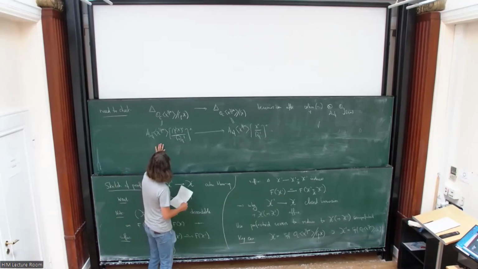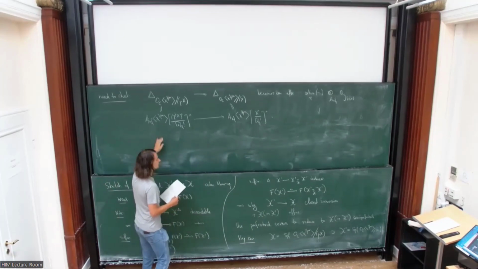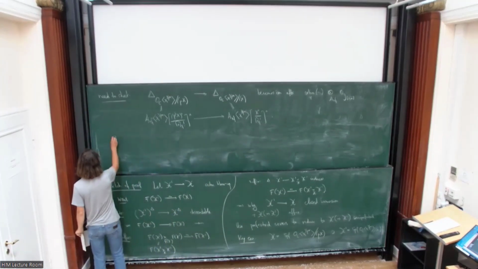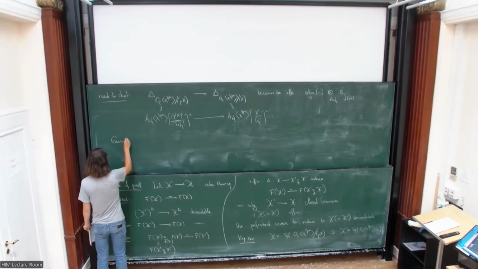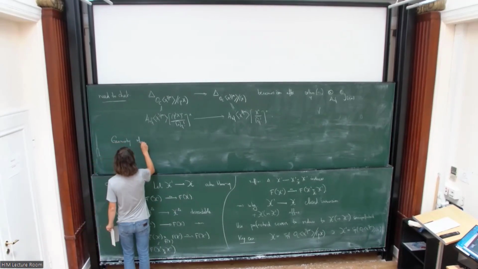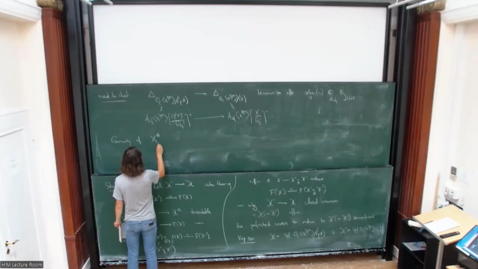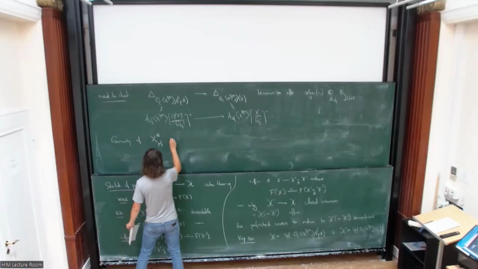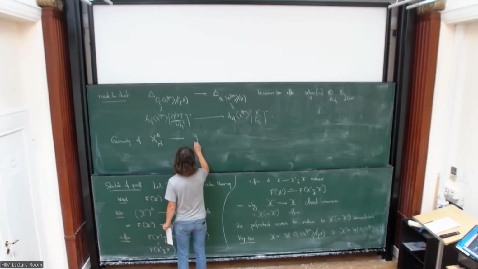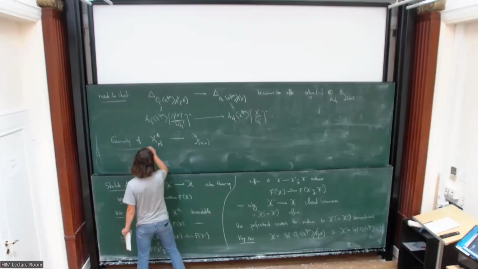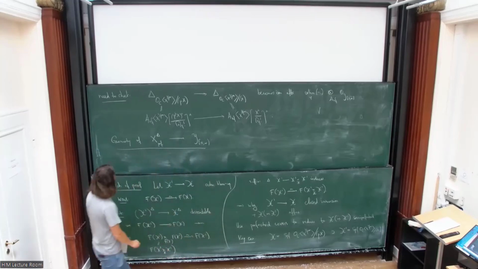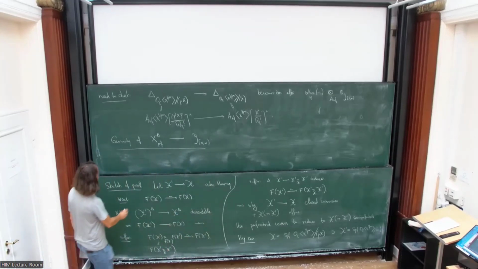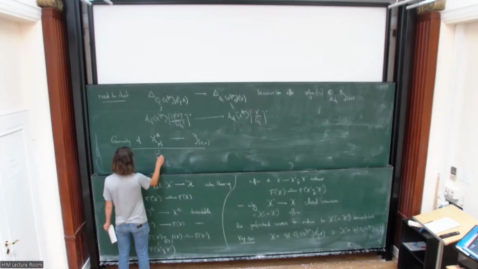Okay. So, let me try to say a few words about the geometry of the stack we need over the quadrant. And one thing is that phi here is really an automorphism.